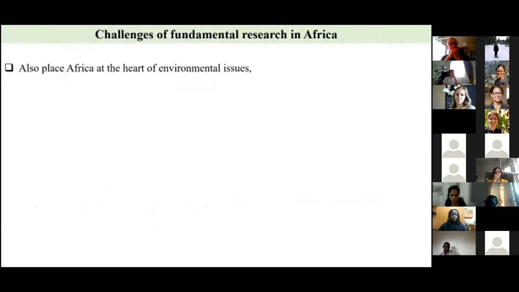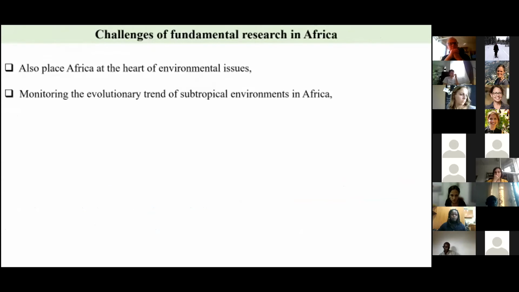Research in Africa also places Africa at the heart of environmental monitoring, tracking the evolutionary trend of subtropical environments in Africa to identify the most important areas.